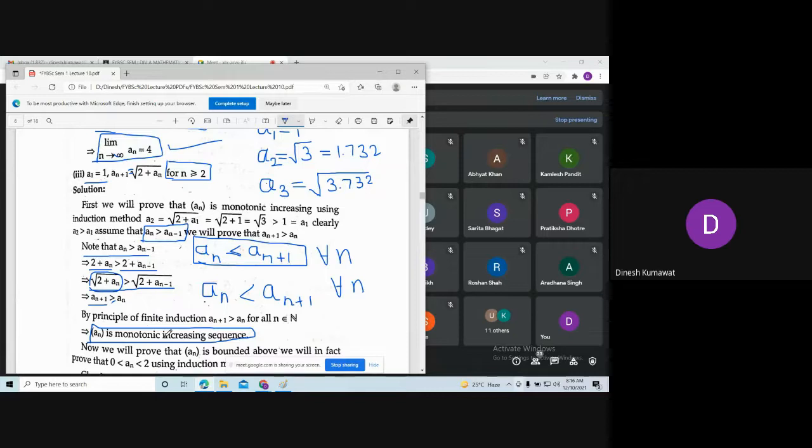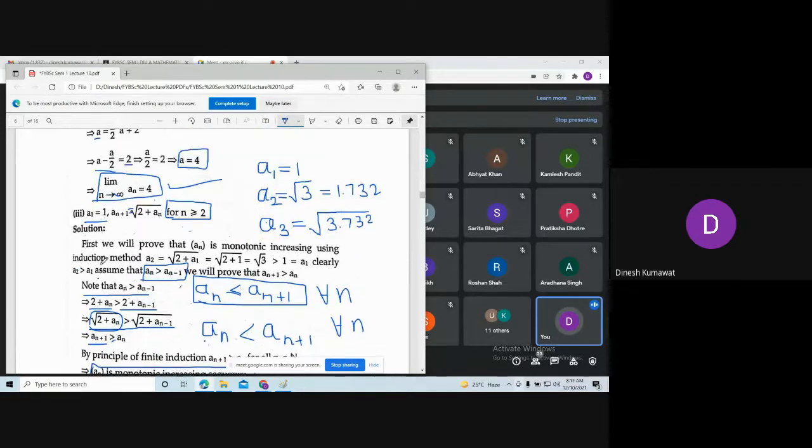Okay. Now, how are you going to show that this sequence a(n) is convergent? First of all, guess: can I conclude this sequence is convergent for large n? Here we are getting that this sequence is monotonically increasing.